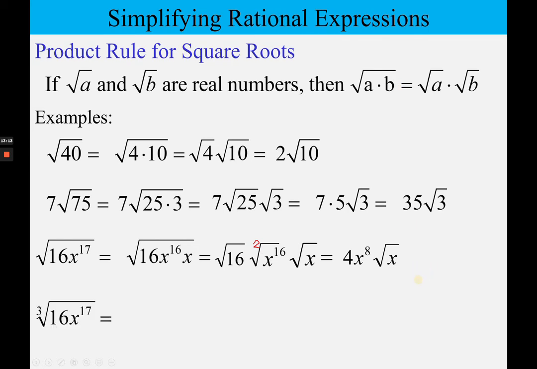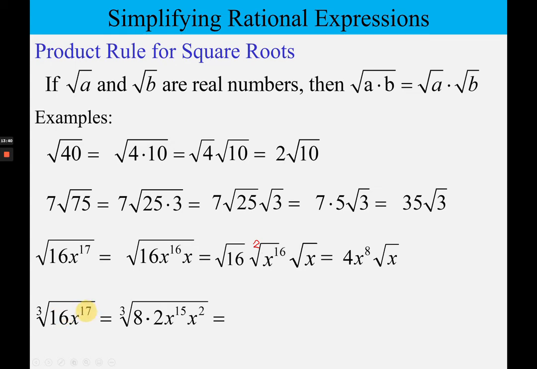Let's have another example. This time it's a cube root. So how do we begin? We actually factor 16. Looking at your cube table, you find 8. 8 is a perfect cube number, and you multiply 8 times 2, which is actually a factor of 16.